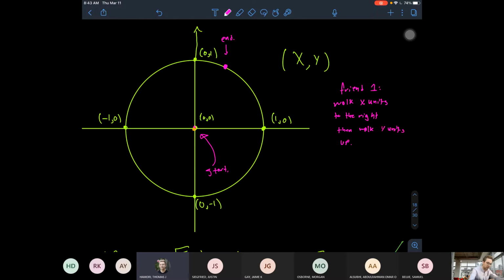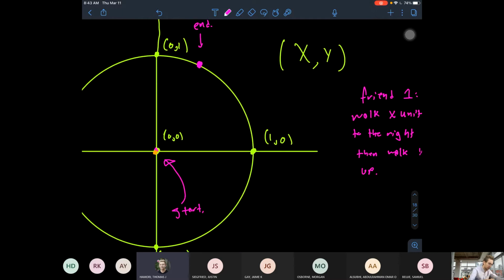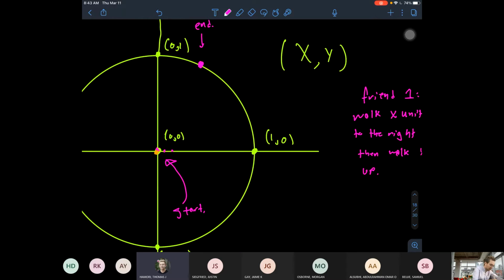Okay, so friend 1 tells me to do that. So what do I do? I just walk along here. And then I walk, so that was x units to the right, and then I walk y units up.